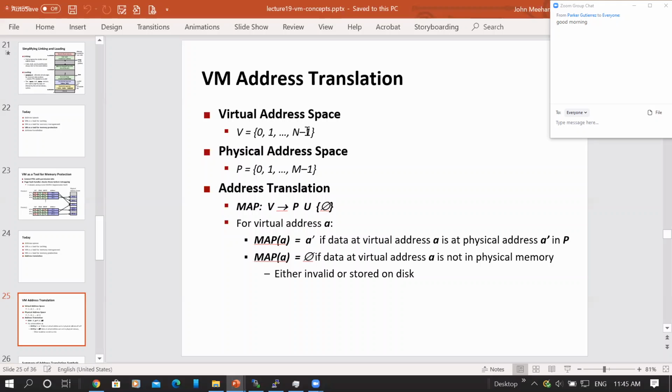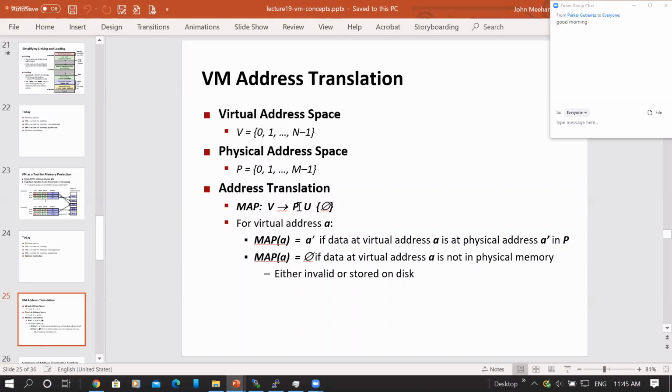So the translation is going to be simply a mapping function, if you want to think of it abstractly, mathematically, where we take a virtual address and we map it to a physical address, union the null set, because maybe it isn't mapped to any particular physical address at this point in time.